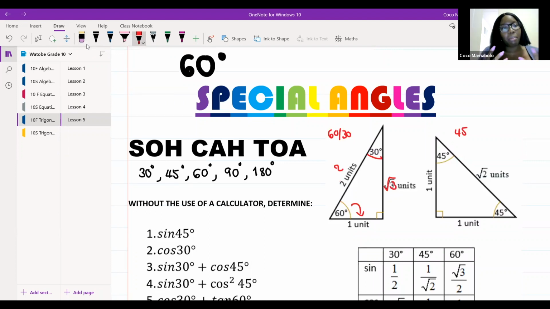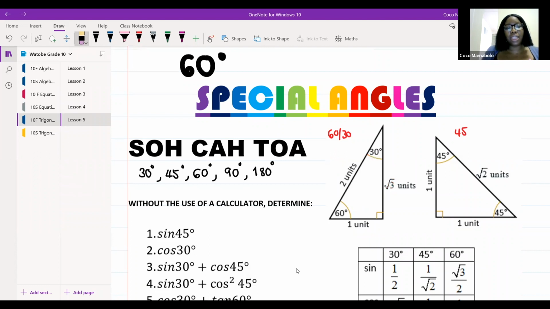I don't have to memorize that one because I can then just remember that this is my adjacent to my 30 degrees. This is my opposite to my 30 degrees. And this is my hypotenuse. Okay, so we're learning 60 and 30 degrees at the same time.